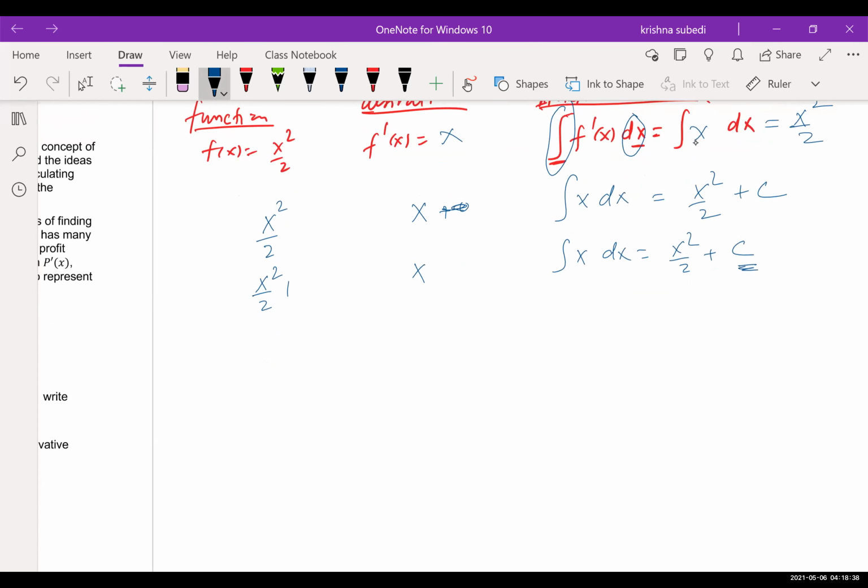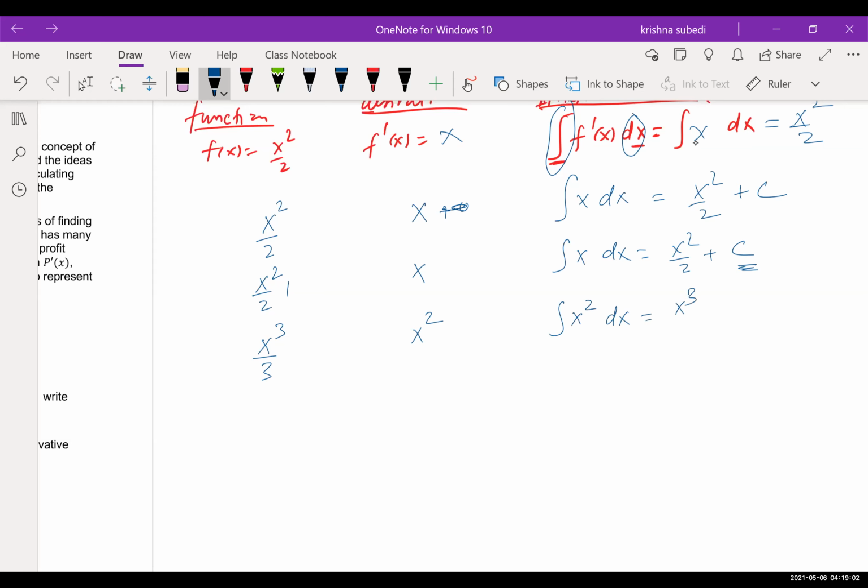Now let's do a couple of questions just for fun. Couple of examples. Let's say you are given a function x cubed over 3. What is the derivative? It will be x squared, right? So if I do the antiderivative of x squared, what should I get?